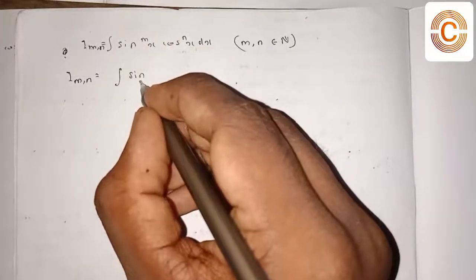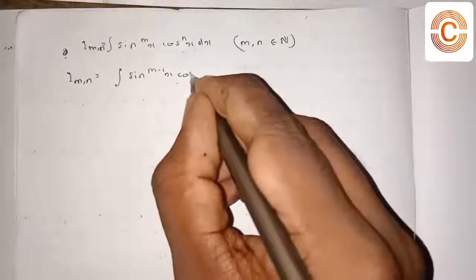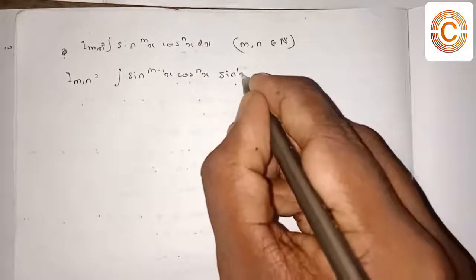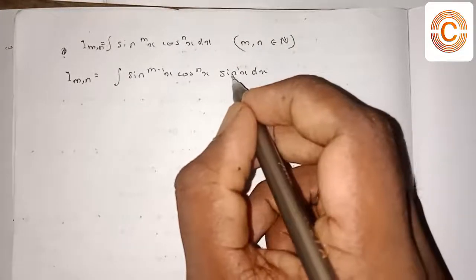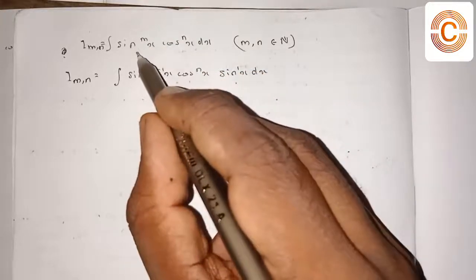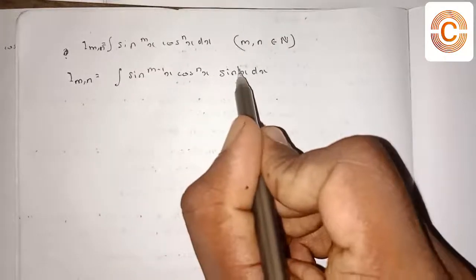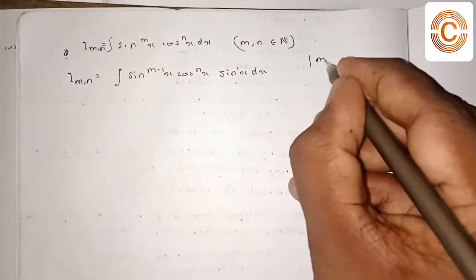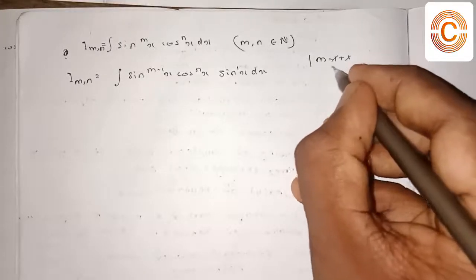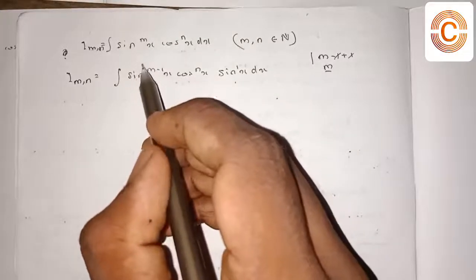In the next step we write it as integral of sin raised to m minus 1 x into cos raised to n x into sin raised to 1 x dx. Note that when solving this we get back the previous step with no change: sin raised to m minus 1 and sin raised to 1 exist, so the minus 1 and plus 1 cancel and we get m, the power of the sine function.